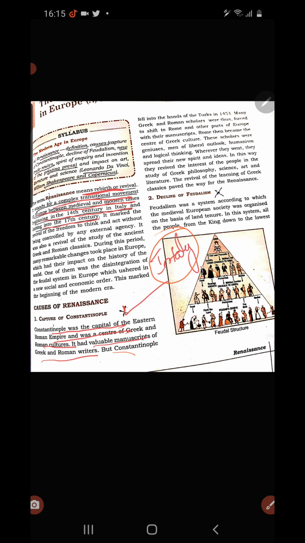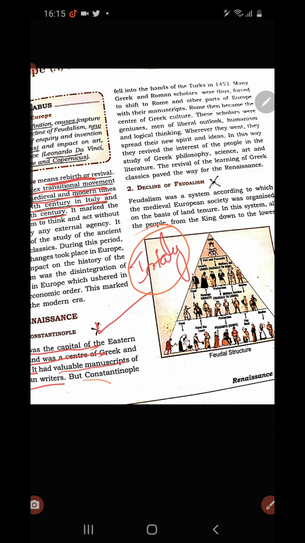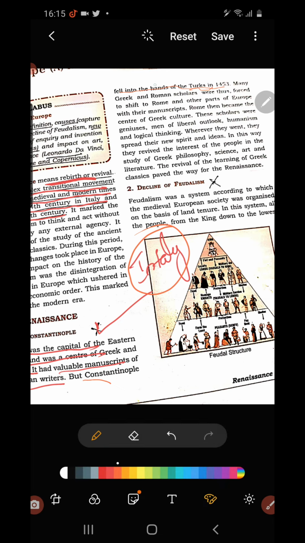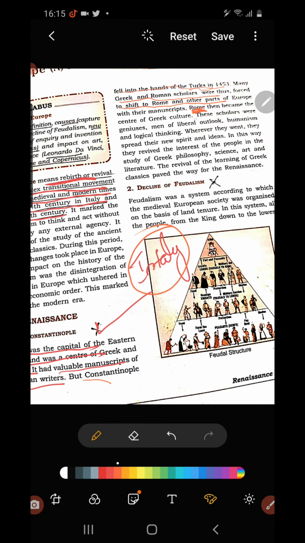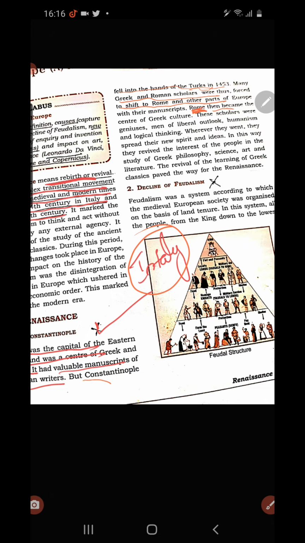Constantinople fell into the hands of the Turks, meaning Arabs. In the year 1453, many Greek and Roman scholars were thus forced to shift to Rome and other parts of Europe. Rome is in Italy, that's why I say Italy. Rome, the capital of Italy, then became the center of Greek culture.